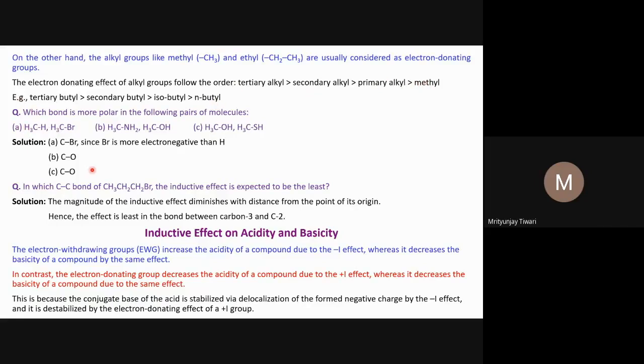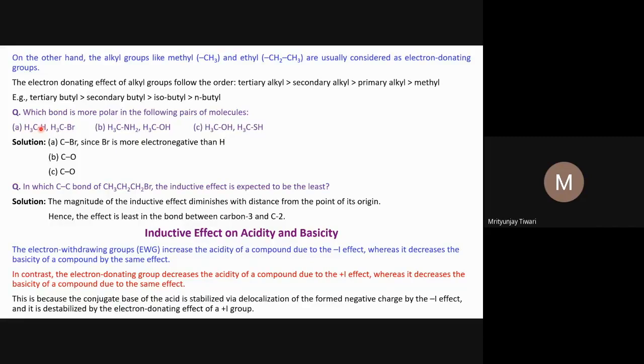So let us now see some questions. Which bond is more polar in the following pair of molecules? We have to find which bond is more polar in these species. This is a CH bond, and here it is a CBr bond. Bromine has higher electronegativity than carbon, but between carbon and hydrogen, carbon is more electronegative than hydrogen. To find the polarity of the bond, we also see the dipole moment or bond moment.